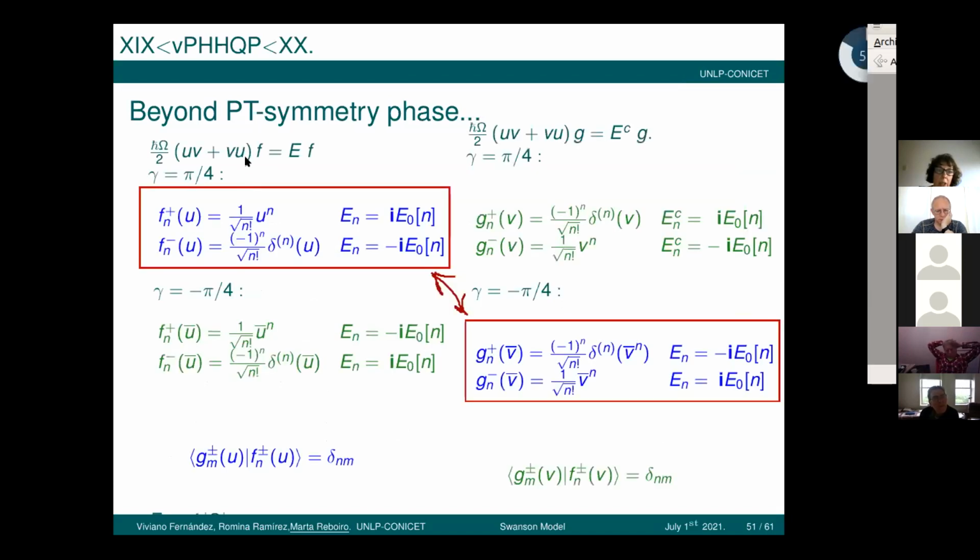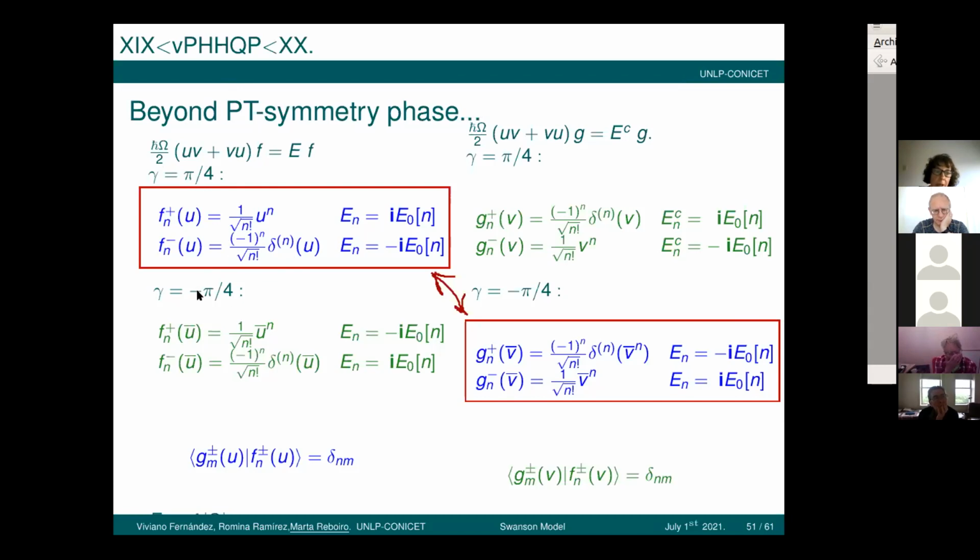We can construct here also a set or a family of generalized eigenfunctions or distributions in the same way that it was done in the work of Kruczynski. And we have for pi over 4 these two sets of distributions.